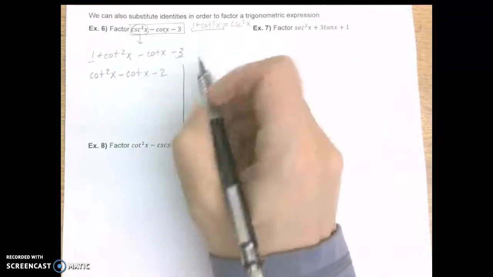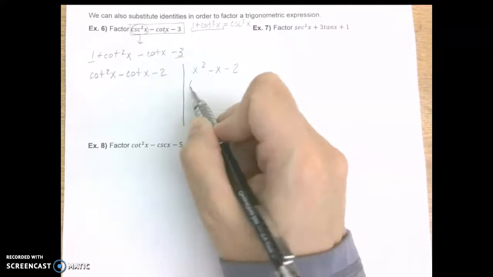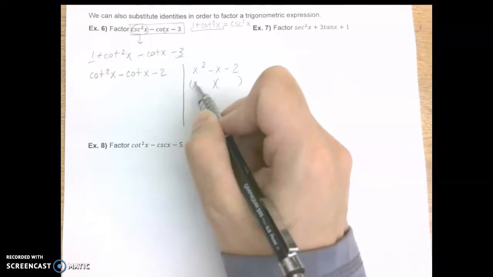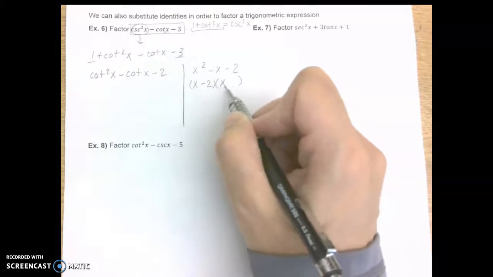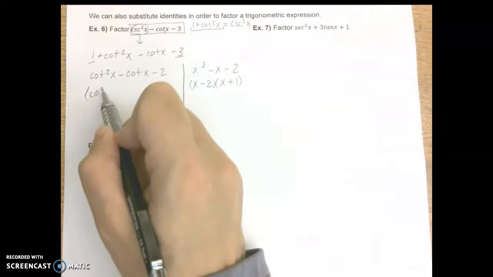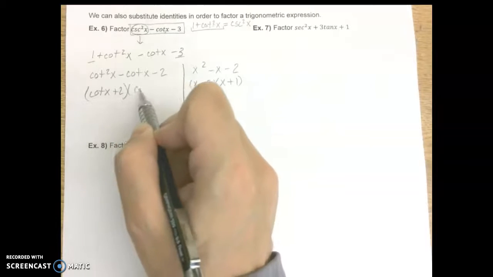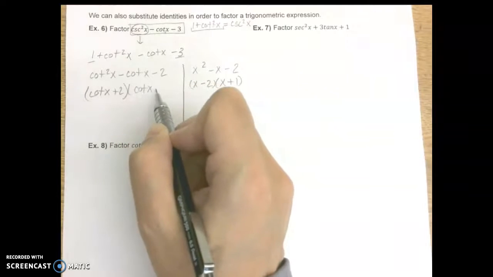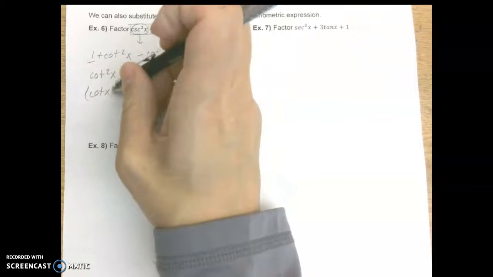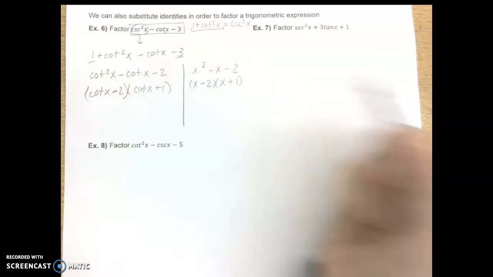Okay, so algebraically, that's like x squared minus x minus 2. And I can factor that into x minus 2, x plus 1. So this will be cotangent of x, sorry, that's a minus 2, cotangent of x plus 1.